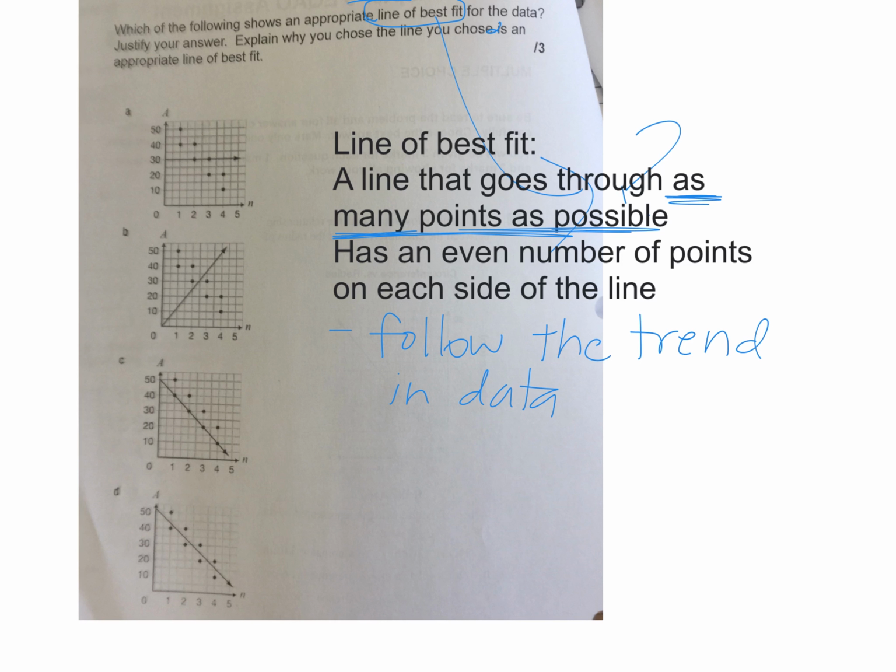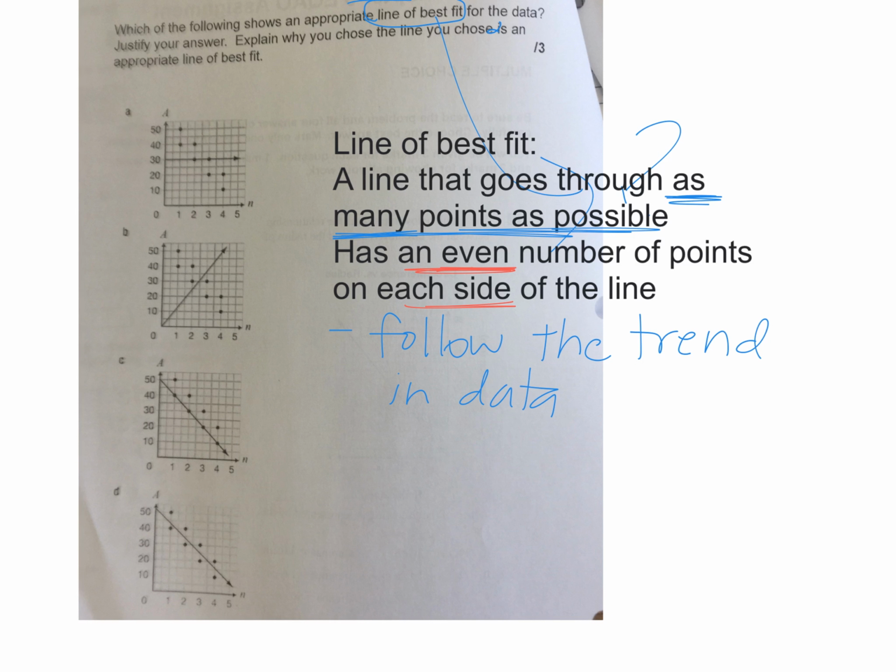If the points are decreasing, your line should be drawn downwards. If the points are increasing, you draw the line going upwards. You have to follow the trend. Also, it should have approximately an even number of points on both sides of the line.